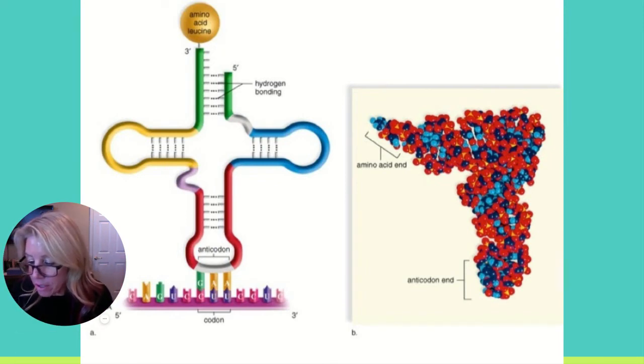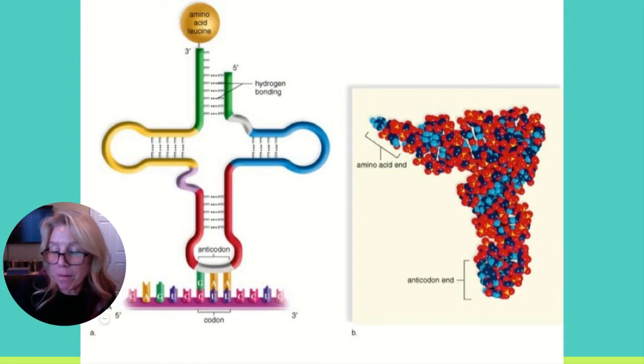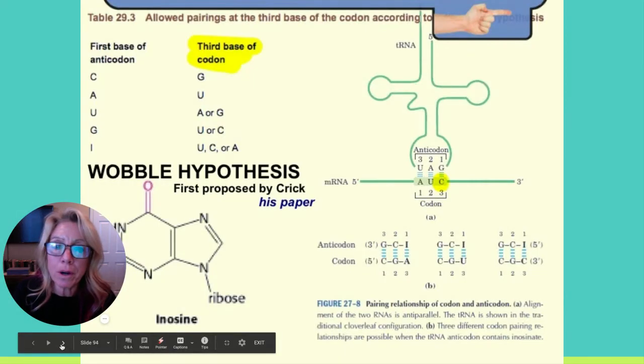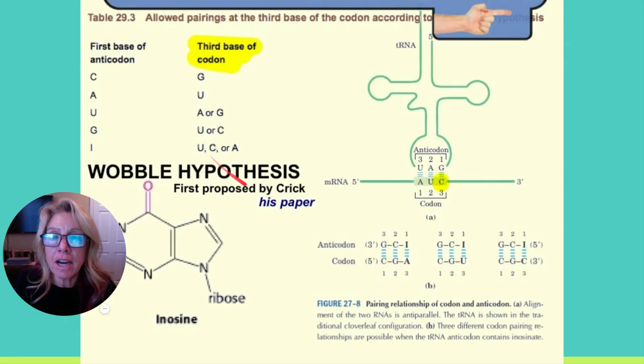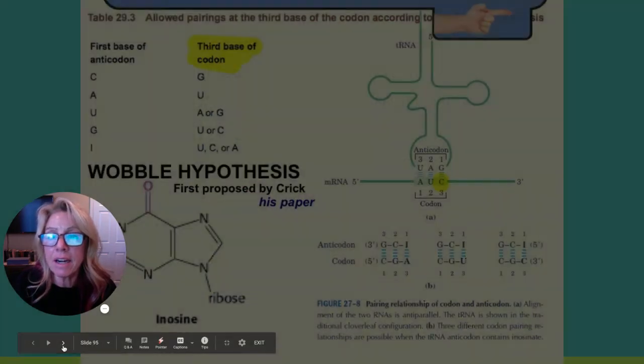So on your notes, anticodon is 3 complementary bases on the tRNA. And then I talked to you earlier about the wobble hypothesis, and that third base, right? We can have some flexibility there.